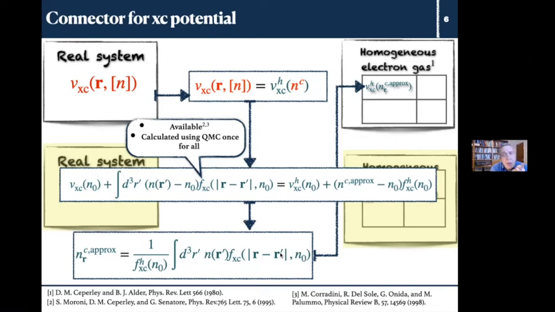Is that fair? Okay. So to that extent, because one is folding in additional exact information, one would normally expect the accuracy to improve. Do you have some way of quantifying whether the results of this particular connector approximation are substantially better than one would expect by folding in the information about FXC in some other way other than the connector method?